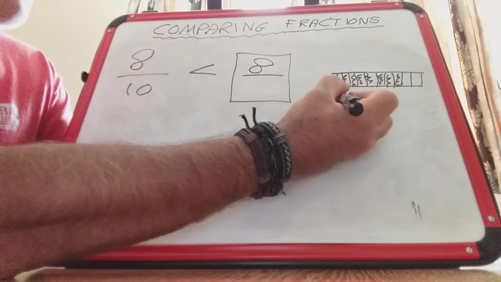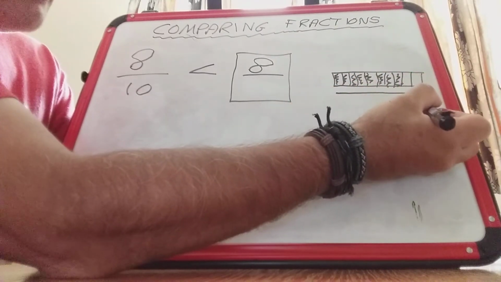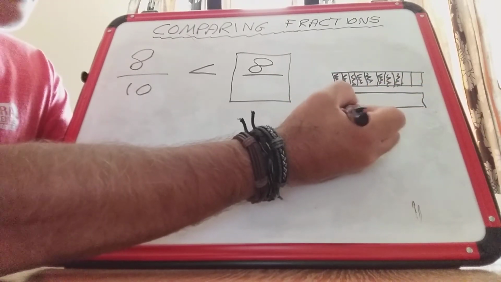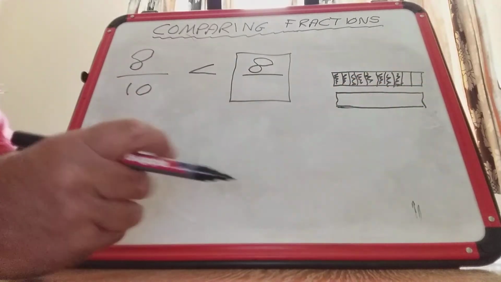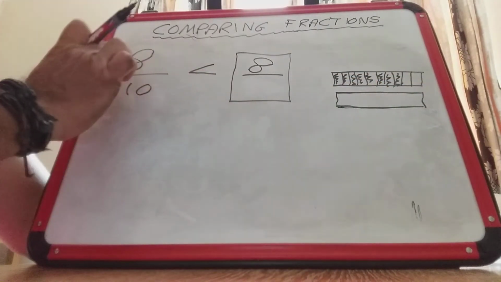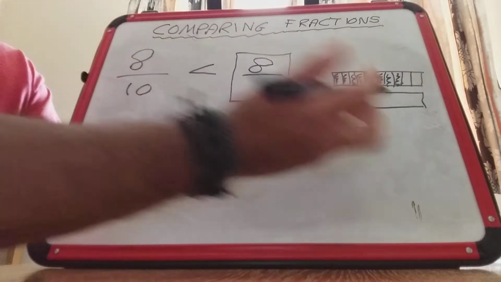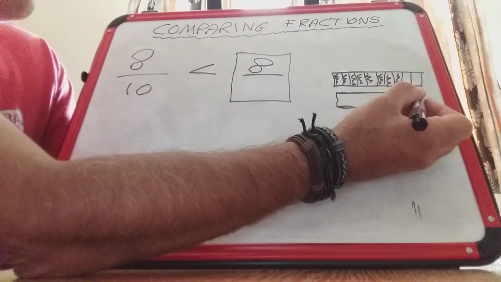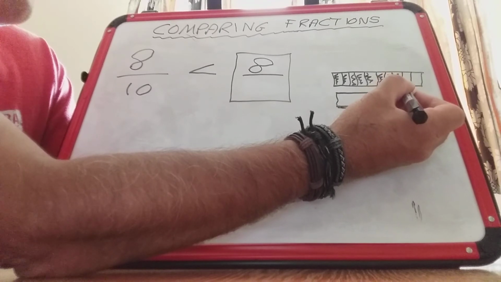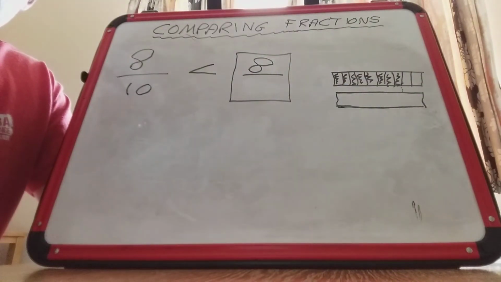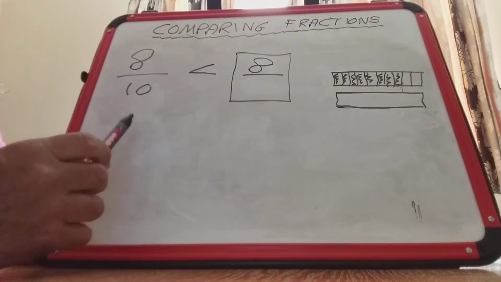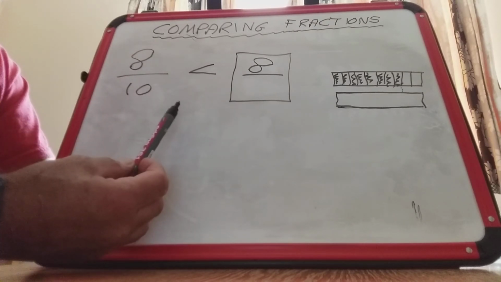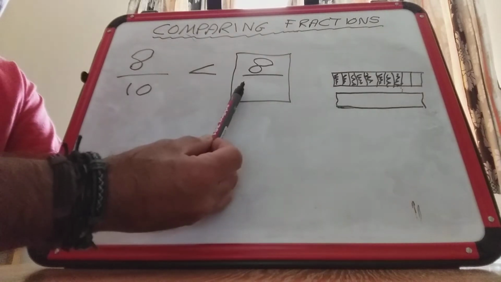Right. And then, because we're comparing, the rectangle at the bottom has got to be the same size. Always draw them the same size. And then you've got to think, right, so 8/10 is less than. So we've got to have something that's going to take up more space. Okay, so a way of doing this is to think a little bit earlier on in the lesson when we talked about the numbers at the bottom.